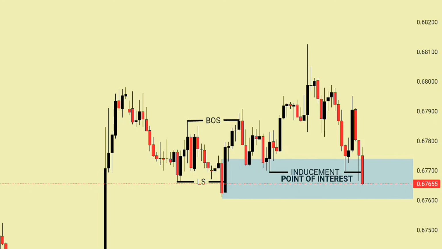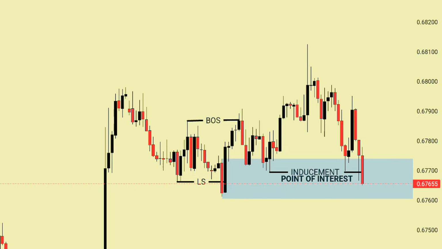This creates a fresh pool of liquidity that the market can use before making the real move. So what happens next? The market drops just enough to take out this inducement low, collects that liquidity, and then finally taps perfectly into the main point of interest. This sequence is extremely reliable. The inducement gives us a final confirmation that the market is preparing for a strong, bullish move.